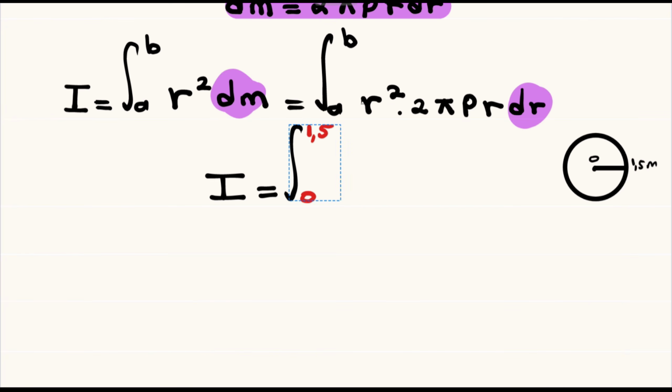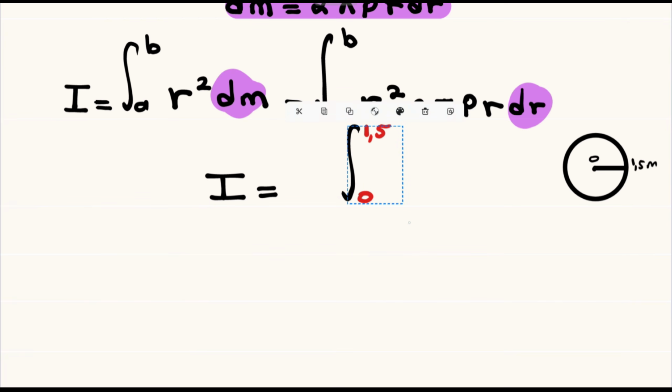And we can remove the parts which do not have r, since we are integrating with respect to r. So we remove the 2 pi and that density. We push them out of the integral. So we have 2 pi multiplied by density, and inside the integral we'll be left with the r squared multiplied by r, which is equal to r cubed.